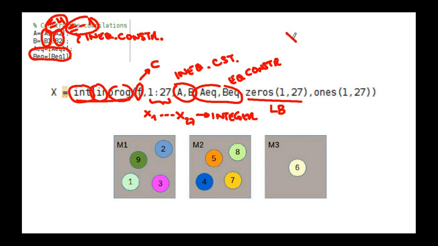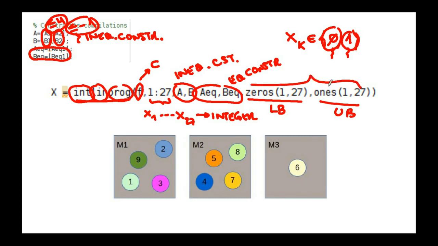You remember that all the elements in x can have two different values, 0 or 1, false or true. So the lower bound is 0, while the upper bound is 1. Both are integers, but additionally they are binary.